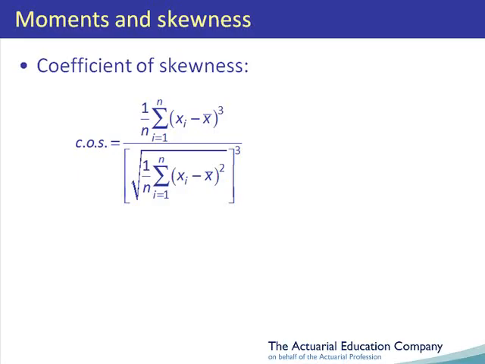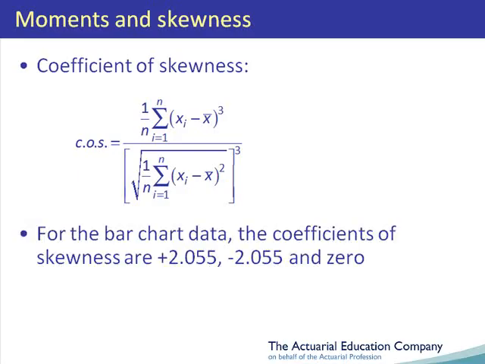Alternatively, we can think of the expression in the denominator as being the second central moment raised to the power of 1.5. For the bar chart data here, the coefficients of skewness come out to be plus 2.055, minus 2.055, and 0. You may wish to see if you can agree these figures.